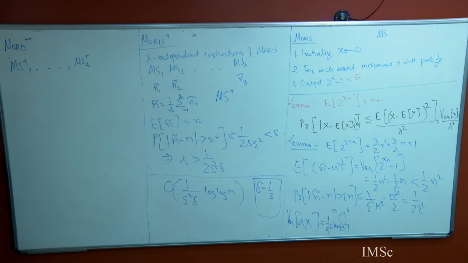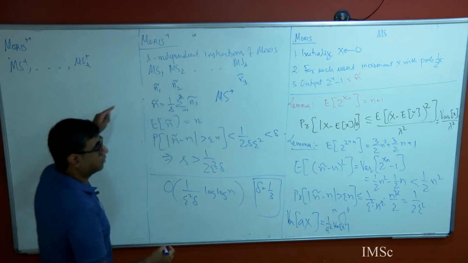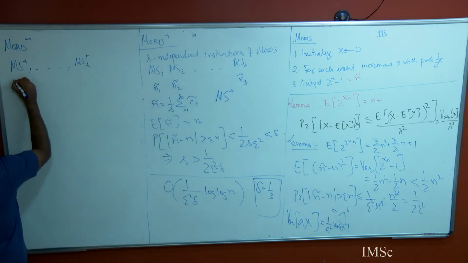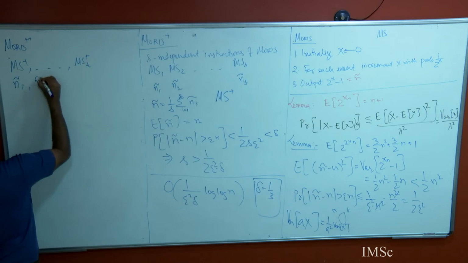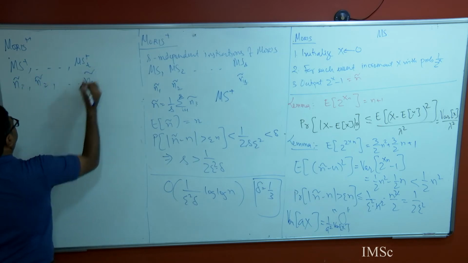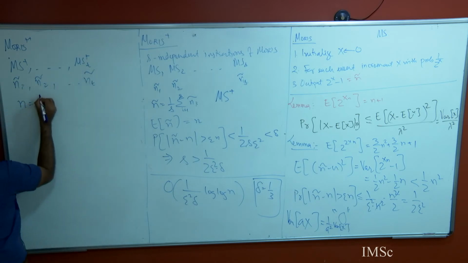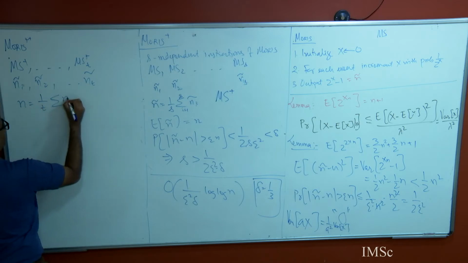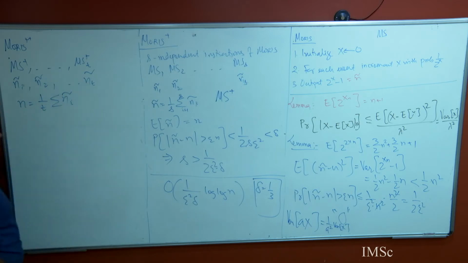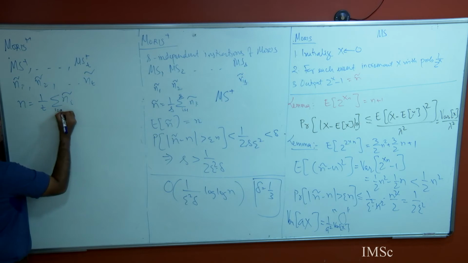From MS plus, I would have got n1 tilde, n2 tilde, up to nt tilde, and I'm again going to return the median of the ni tilde, i going from 1 to t.